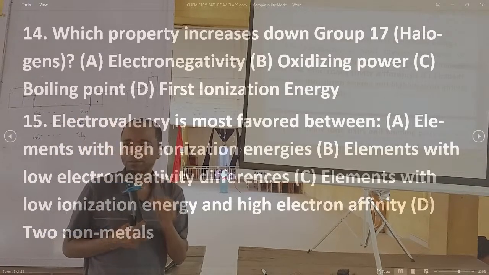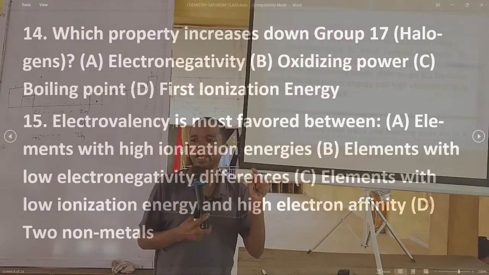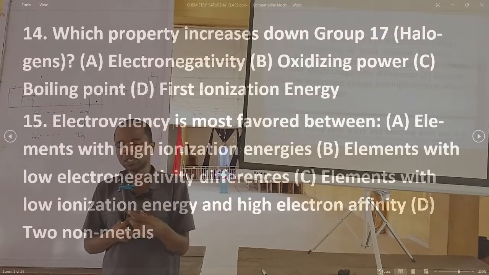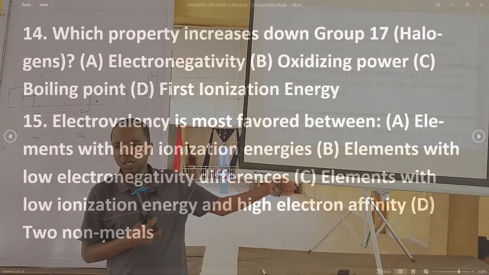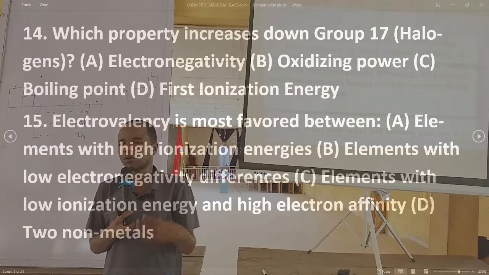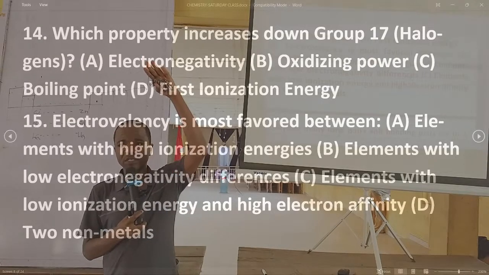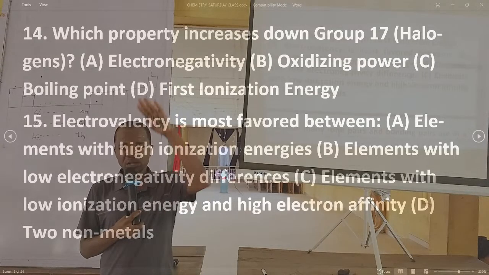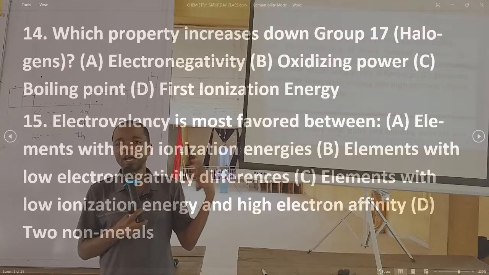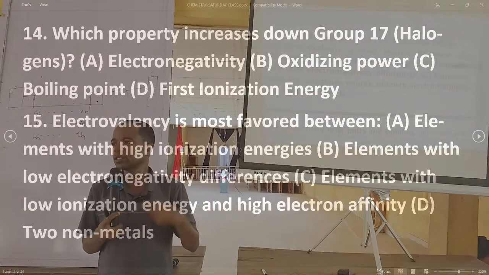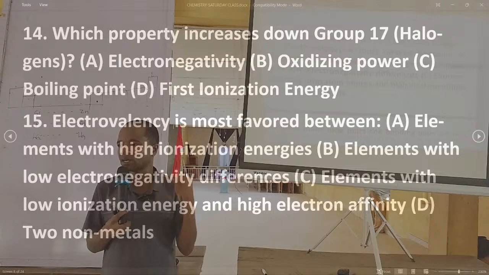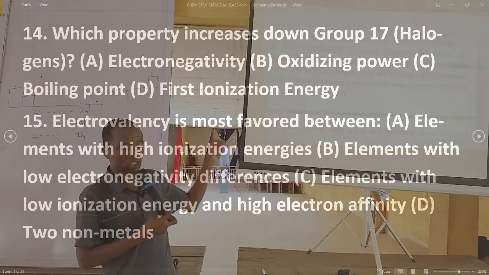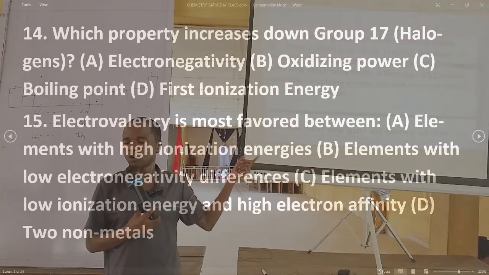It is because of increase in nuclear charge. All right. The reason why ionization energy increases across the period is due to increase in nuclear charge. Whereas the reason why ionization energy decreases down the group is due to either increase in atomic radius or increase in screening effect. The same thing with electron affinity.